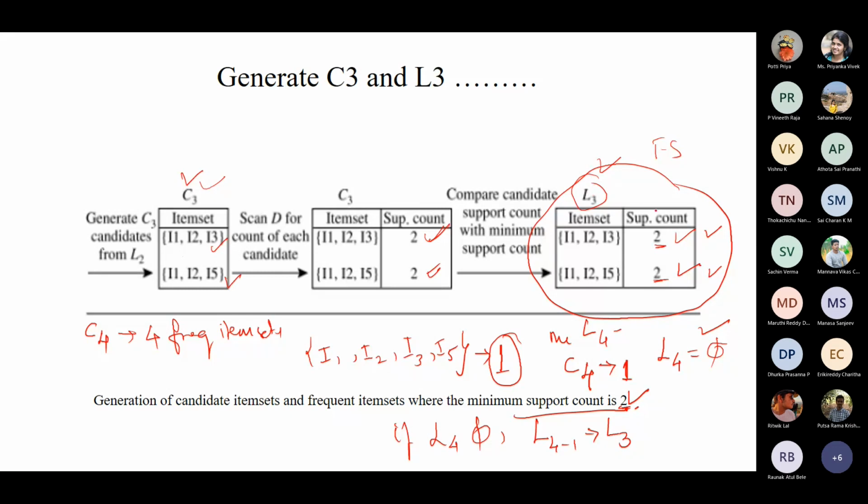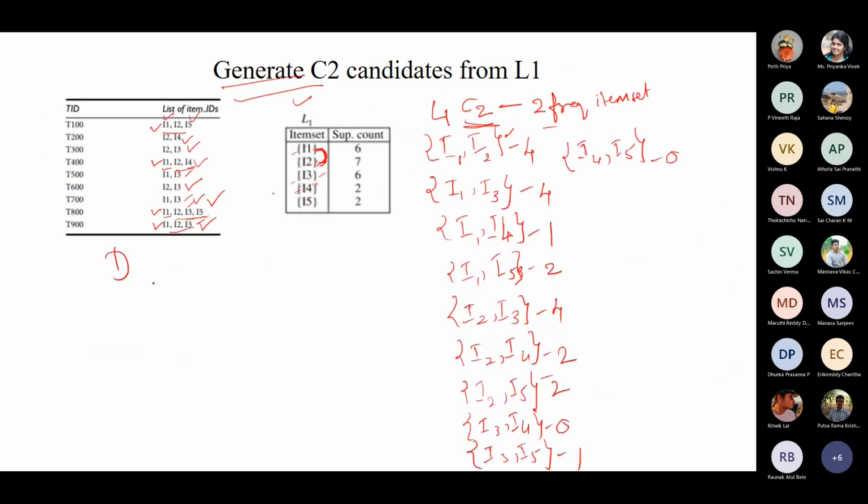So this table is indicating that there are two item sets which are frequently appearing in the transaction database D: I1, I2, I3 and I1, I2, I5.